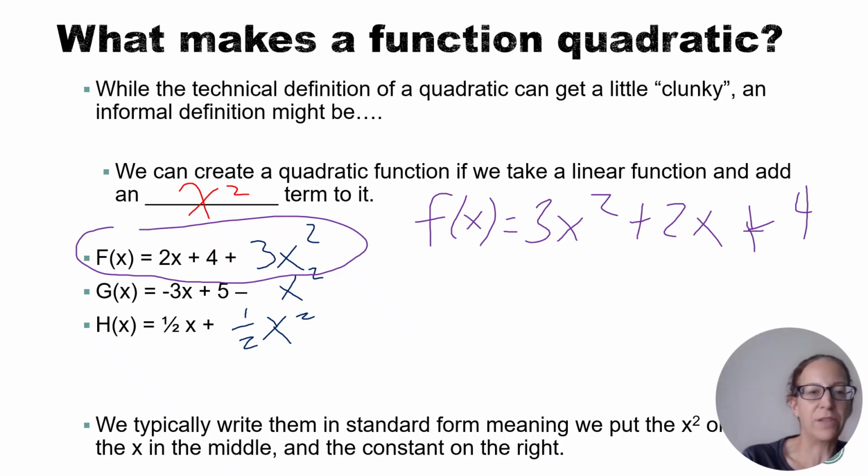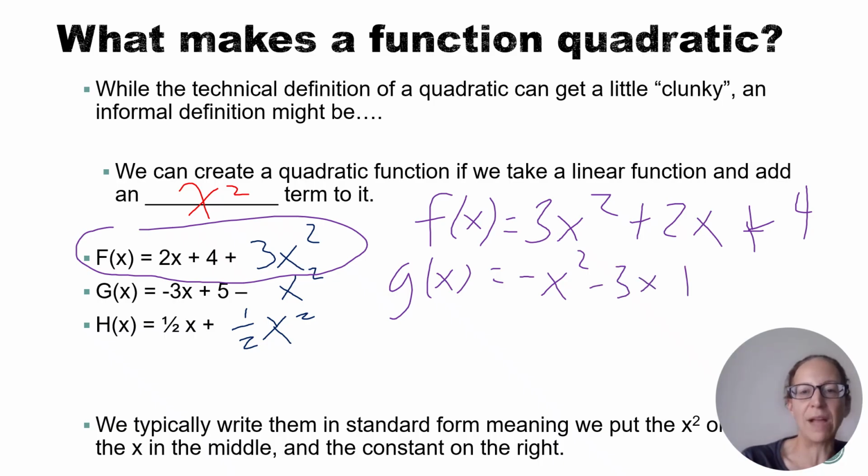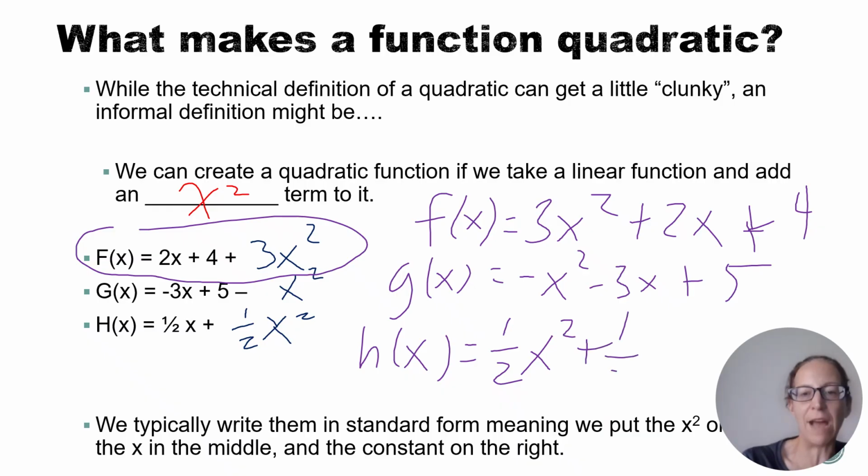The g of x would be written as negative x squared, because we're subtracting it, which is the same as adding a negative. The negative is attached to the x squared, minus 3x plus 5. And this last one, h of x, we could write as 1/2 x squared plus 1/2 x. If you wanted to, you could say plus 0, but we usually don't.